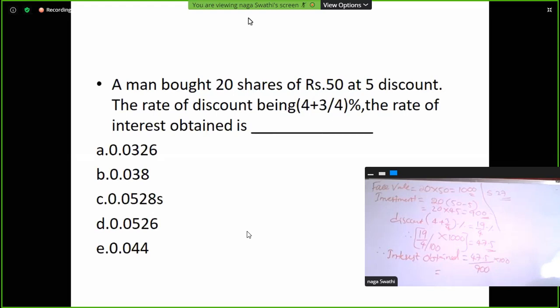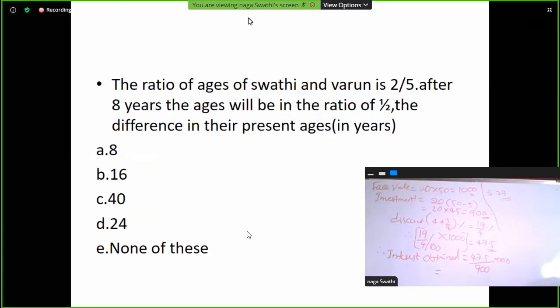Option E, write it as none of these. Next one. Please tell me the answer.